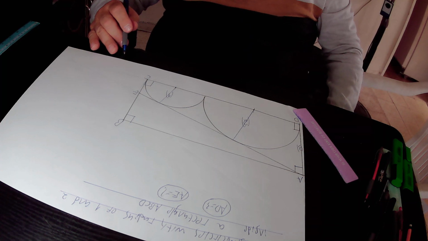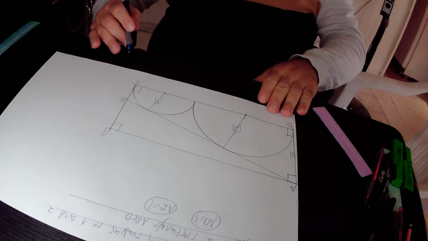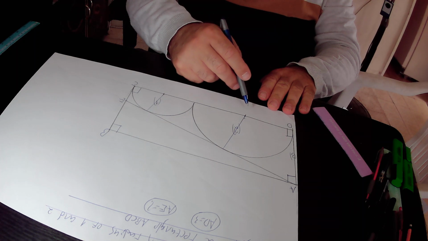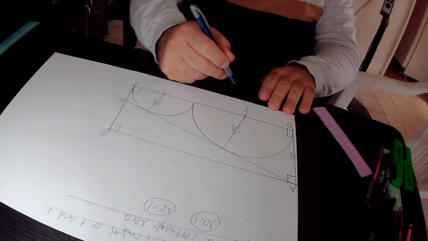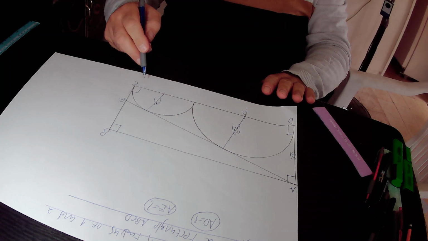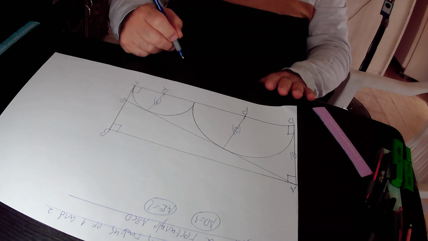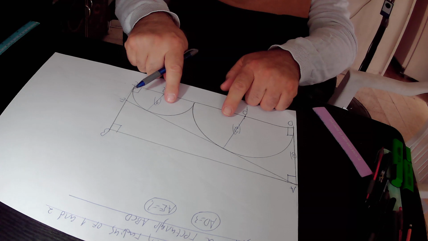In the next step, we will define the relevant points to this question with letters. We will define the center of this big semicircle. This point is point P. We will define the center of this small semicircle. This point is point Q. We will define the touching point of those two semicircles.